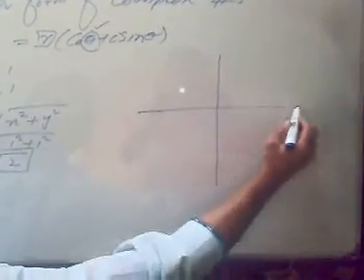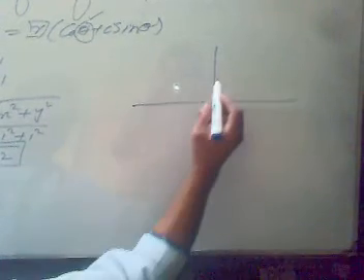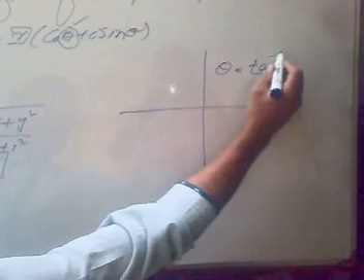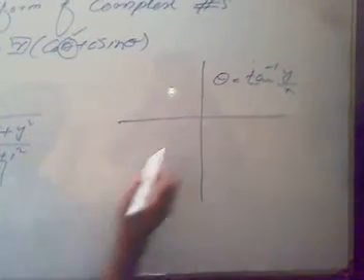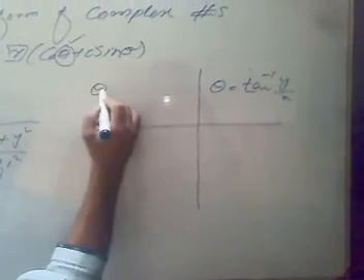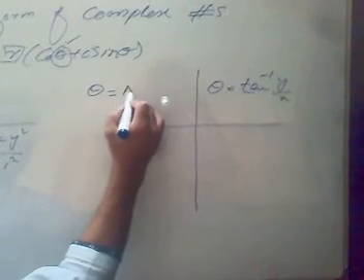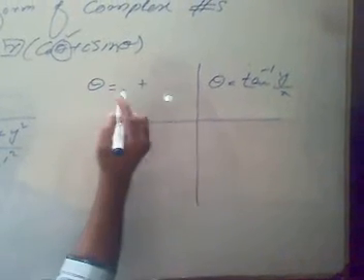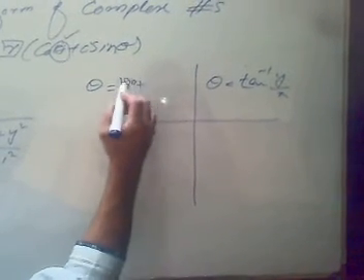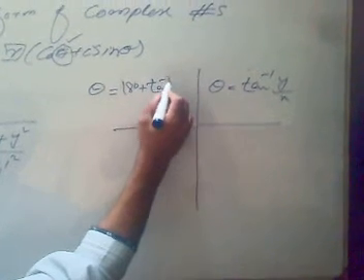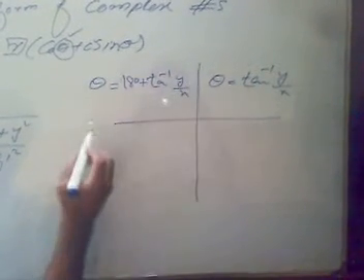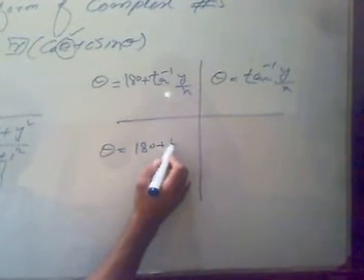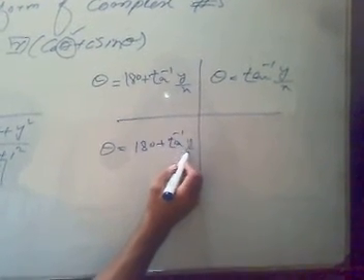If the complex number lies in the first quadrant, then our theta will be just tangent inverse of y over x, and in the second quadrant theta will be pi plus, pi means 180. If you are not familiar with pi, then you can write 180 degree, 180 plus tangent inverse of y over x. And in the third quadrant it is again the same, 180 plus tangent inverse of y over x.